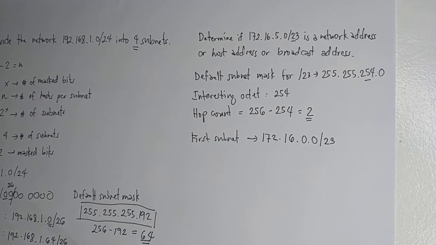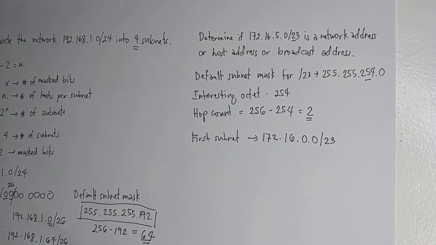Class B addresses start from 128 until 191. So that's 172, with 2 octets for the network and 2 for the host.